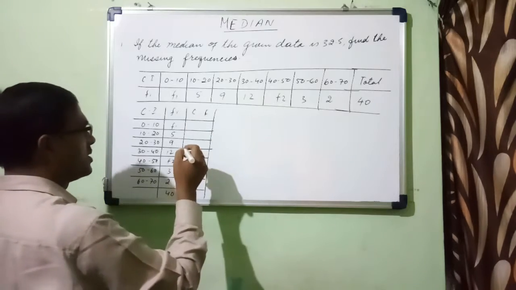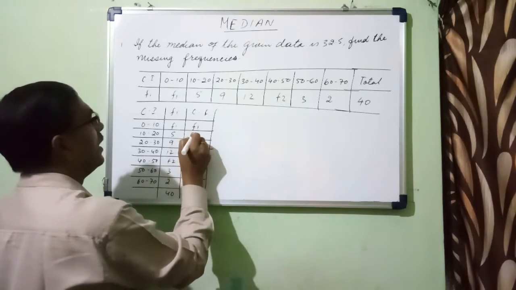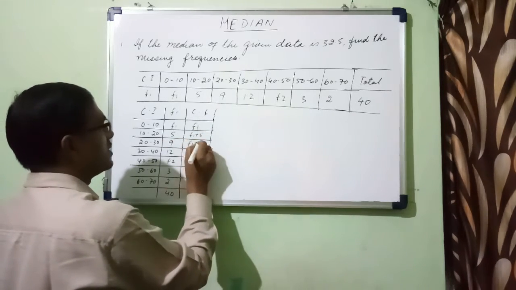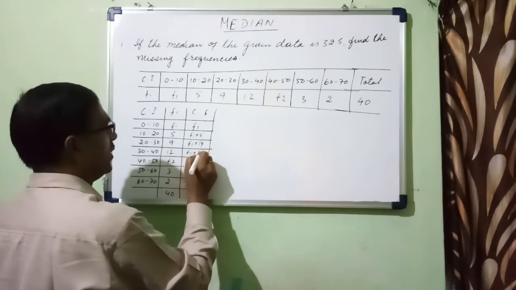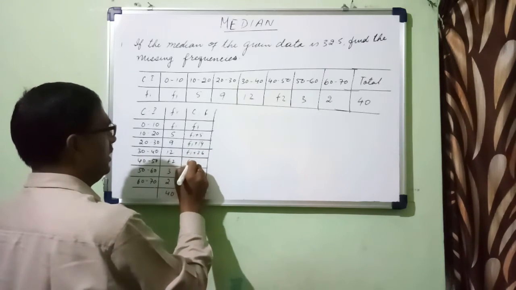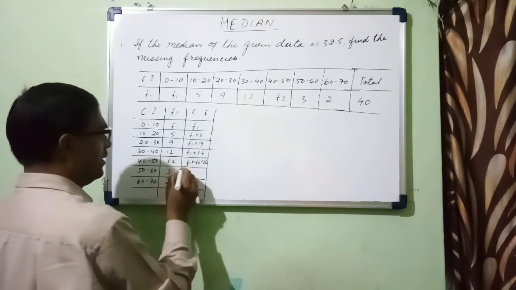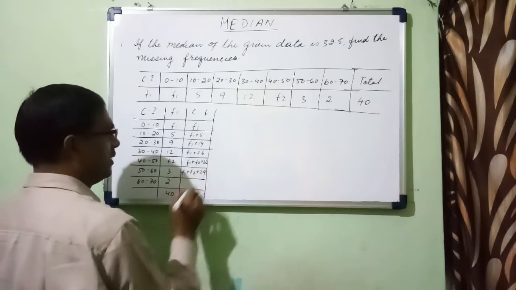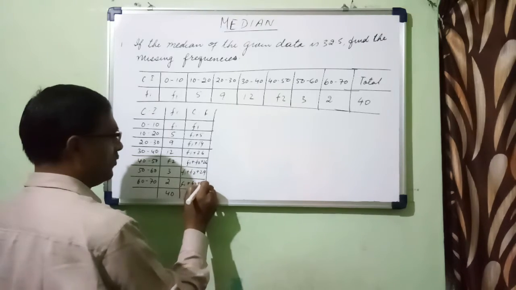Now how will you find the CF? This is F1, F1 plus 5, F1 plus 5 plus 9 is F1 plus 14, F1 plus 14 plus 12 is F1 plus 26, then F1 plus F2 plus 26, then F1 plus F2 plus 29, F1 plus F2 plus 31.